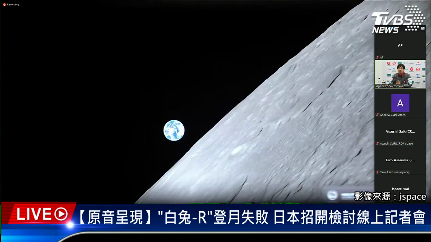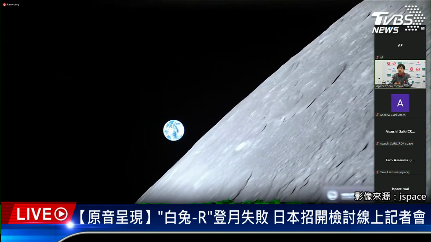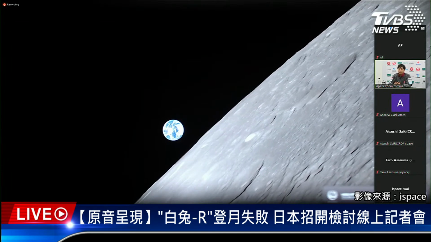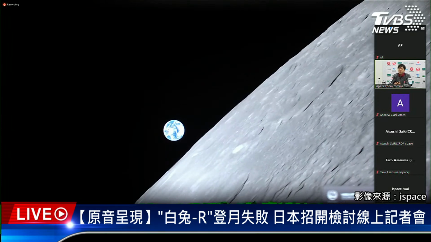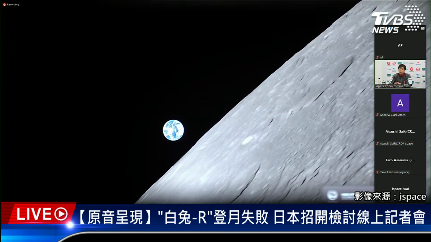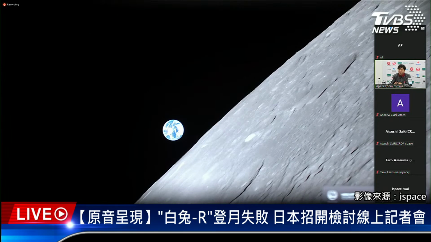Then finally, let me introduce the data, I mean the pictures, taken during our mission 1. This is also a really important achievement for us. The first is a short movie of the Earth sunrise timing.